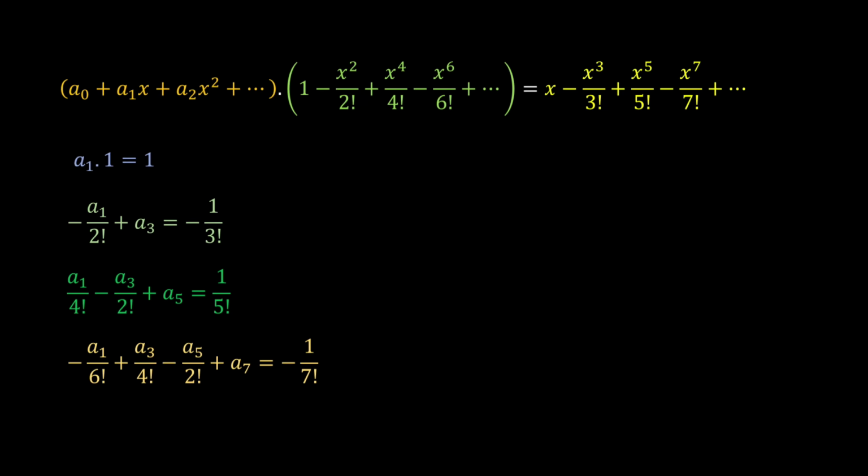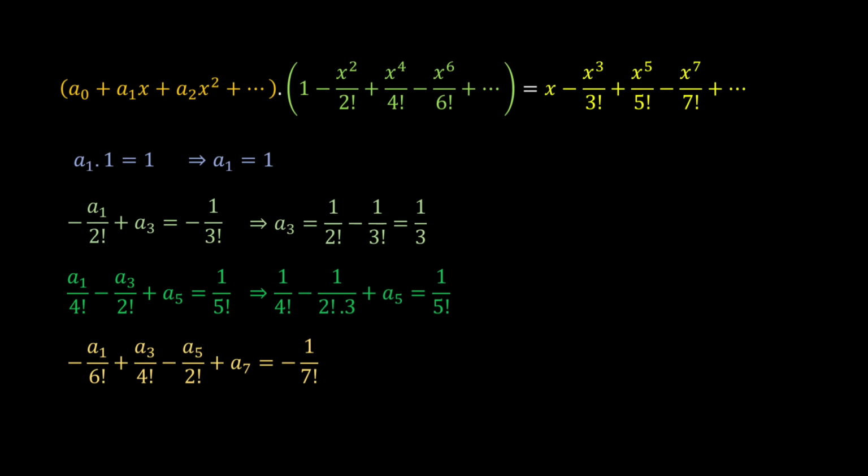That is, a1 times 1 equals 1, which means a1 is equal to 1, right? Now if we put the value of a1 in the second equation, we get the value of a3 equal to 1 by 3. Similarly, if we put the values of a1 and a3 here, we get the value of a5, which is equal to 2 by 15.